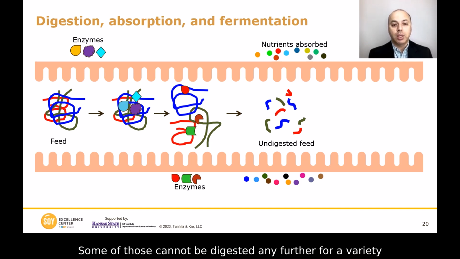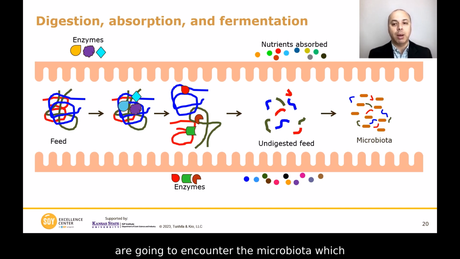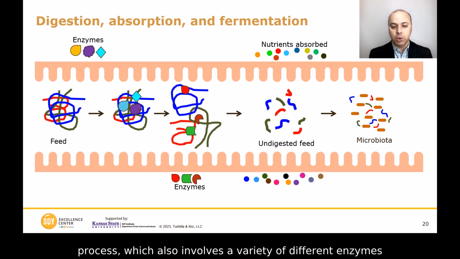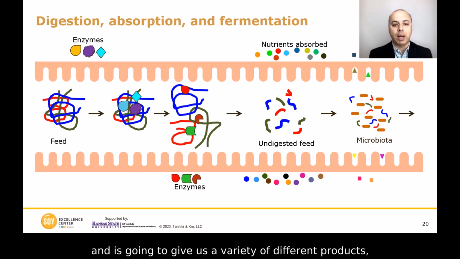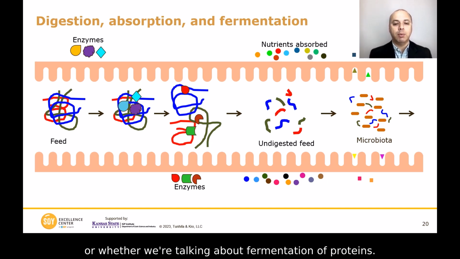Some of those cannot be digested any further for a variety of different reasons, and those undigested portions of the feed are going to encounter the microbiota, which are going to carry along the microbial fermentation process, which also involves a variety of different enzymes, and is going to give us a variety of different products, whether we're talking about fermentation of carbohydrates or whether we're talking about fermentation of proteins.